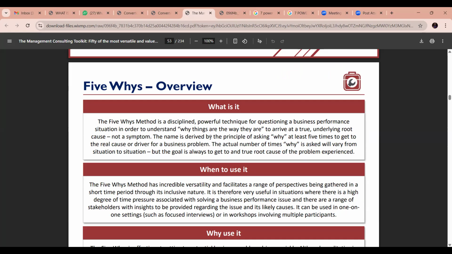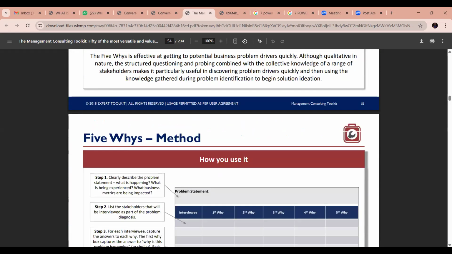The name is derived from the principle of asking why at least 5 times to get to the real cause or driver of a business problem. Okay? The actual number of times why is asked will vary from situation to situation, but the goal is always to get to the true root cause of the problem experienced, because we call this the 5 whys.